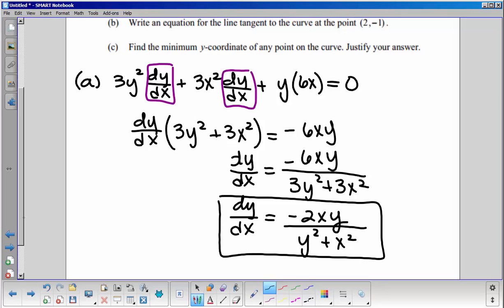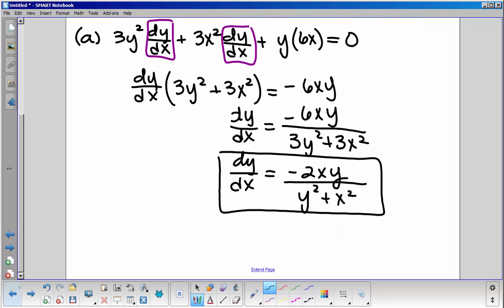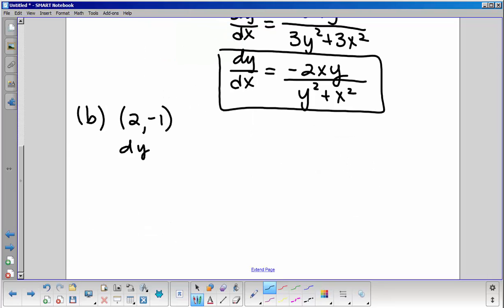Part B says write an equation for the line tangent to the curve at 2, -1. Could we do this? Yeah. All we have to do is say part B at 2, -1. What is dy dx? Well, it's going to be negative 2 times 2 times -1 all over y squared, which is 1, right, plus 4.